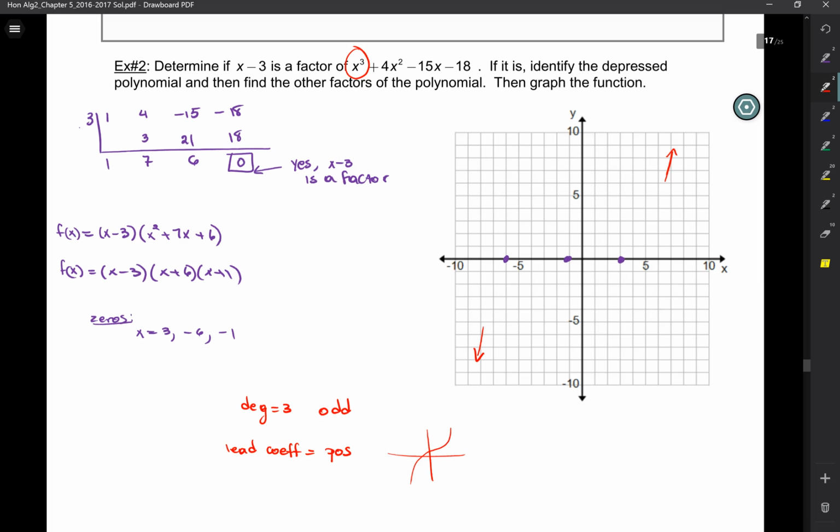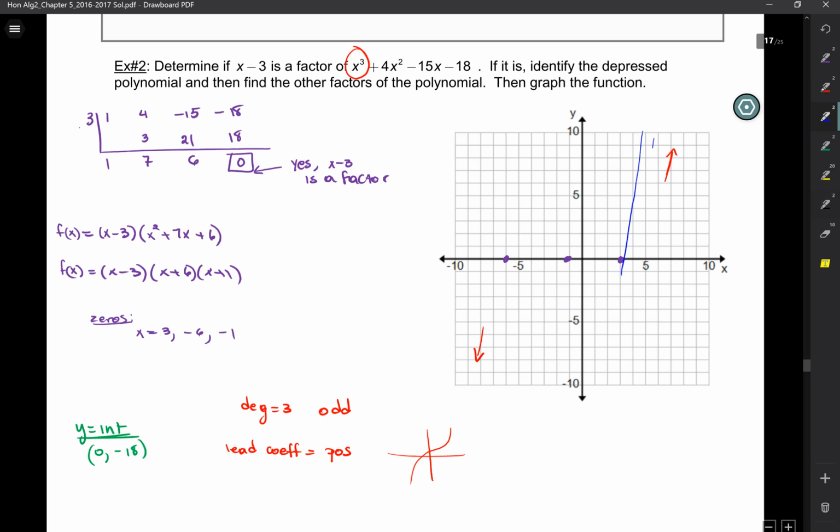And the rest, we're going to do a sketch. Can we find the y-intercept to give us a better idea? At the y-intercept, what's x? 0. So the y-intercept is 0, negative 18. So my graph will come down here, and it's going to go all the way down because it's going to hit negative 18, which we're not going to be able to see.